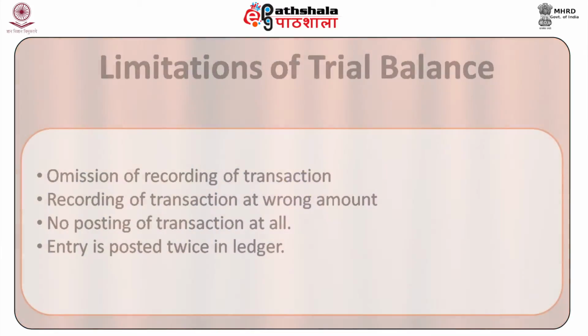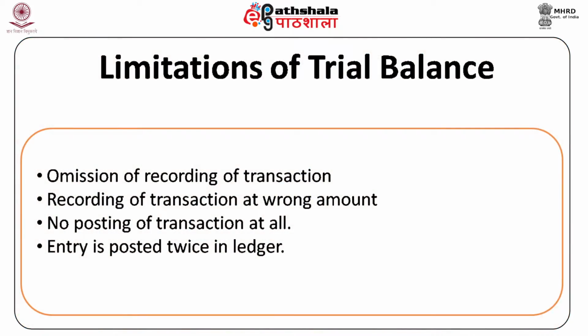These may be of following types. 1. Omission of recording of transaction. 2. Recording of transactions at wrong amount. 3. No posting of transaction at all. 4. Entry is posted twice in a ledger.